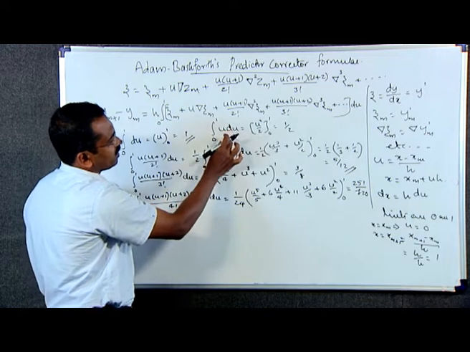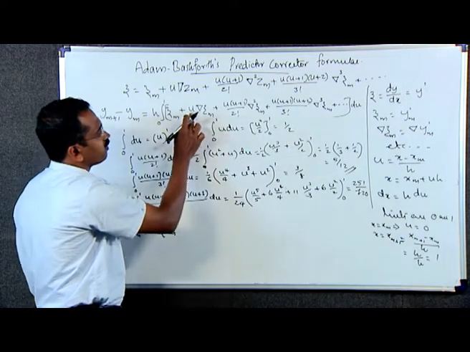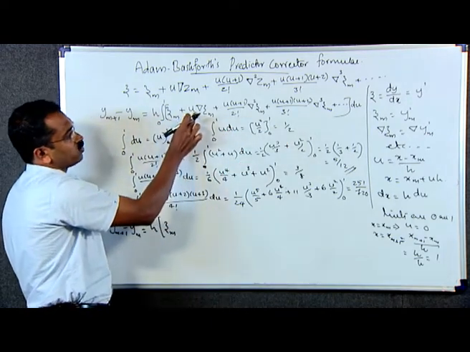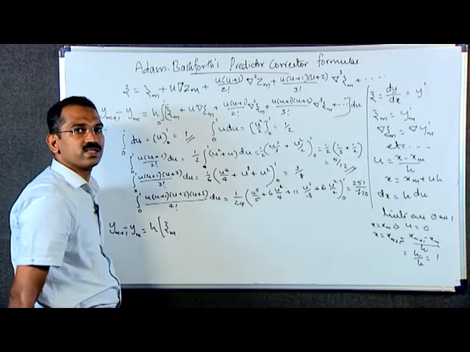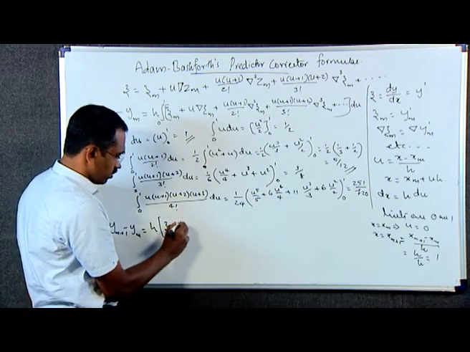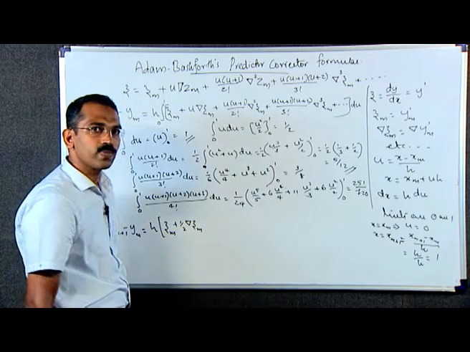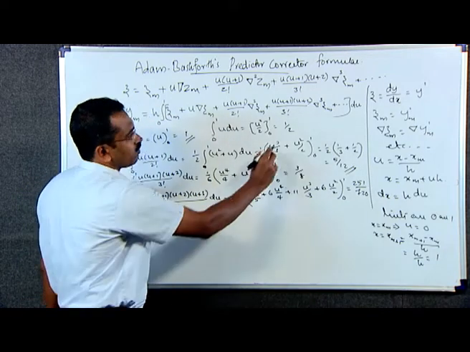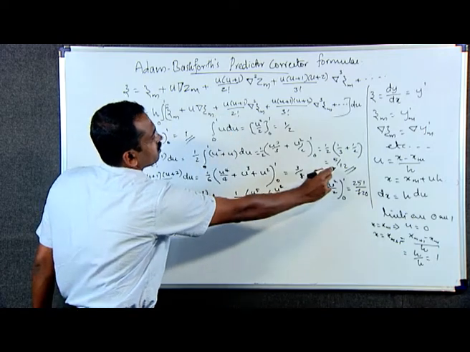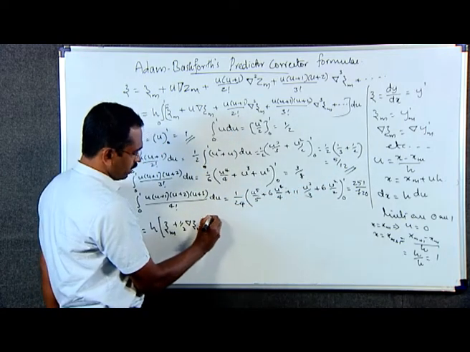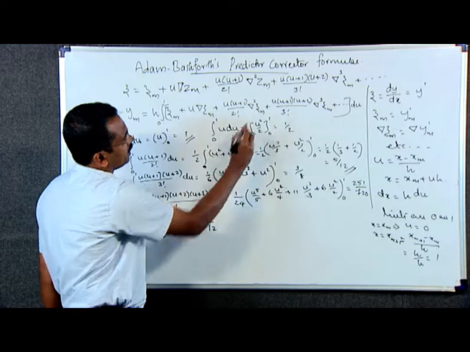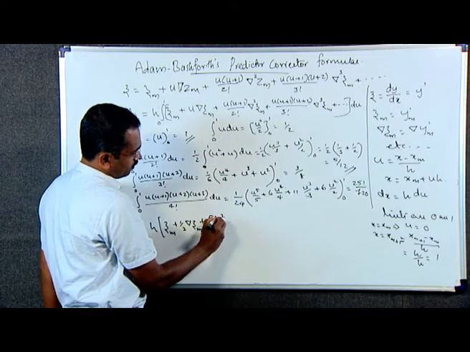The second integral is 1/2, therefore we can write 1/2 into del Z_m. Plus the value of the third integral is 5/12, therefore 5/12 into del square Z_m.